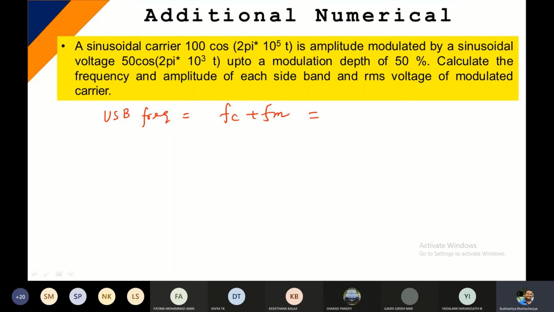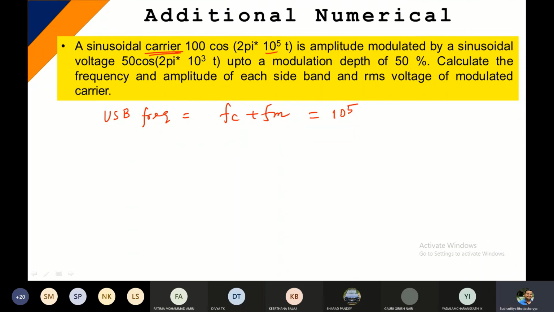Correct. So now we know how to read this. This is my sinusoidal carrier, so ideally my Fc is 10 to the power 5, because this is the carrier we are looking at.